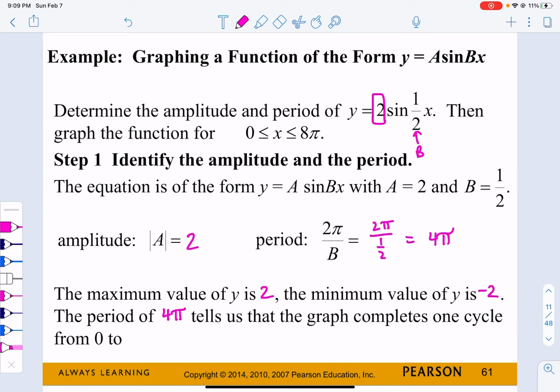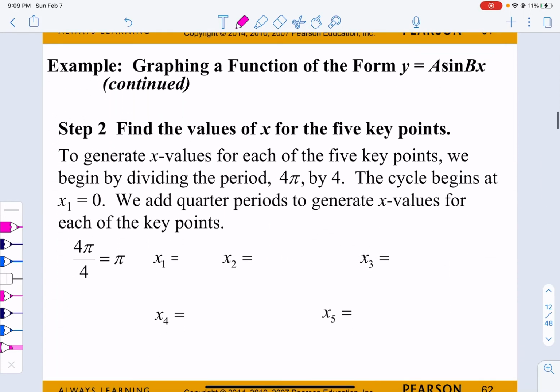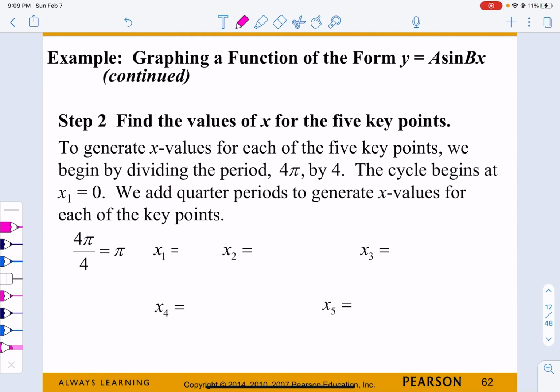So the period of 4 pi tells us that the graph completes one cycle from 0 to 4 pi, going up, back down to 0, going down to the minimum, and then coming back up. So step number 2, find the values of x for those 5 key points. Again, we find that by taking the period and dividing it by 4. So if we take our 4 pi and divide it by 4, we're going to go by increments of pi.